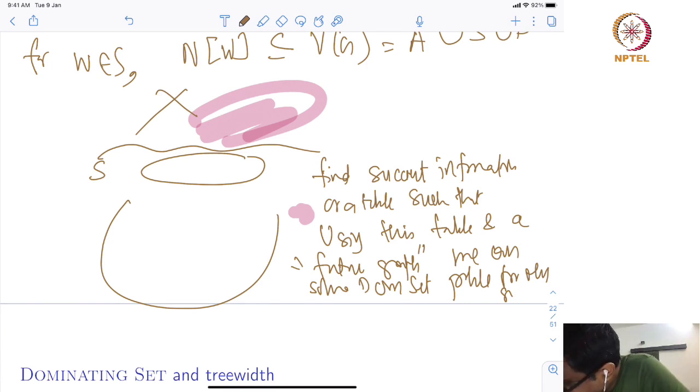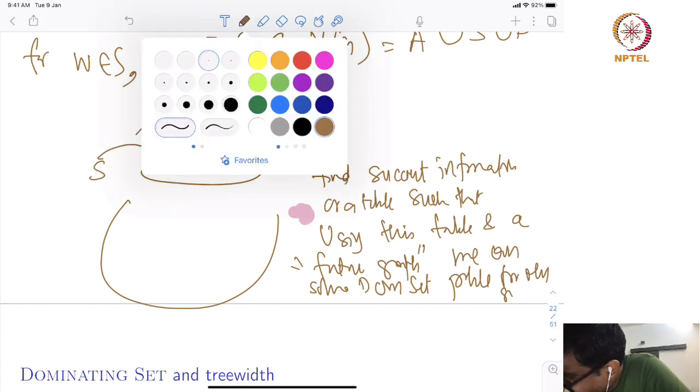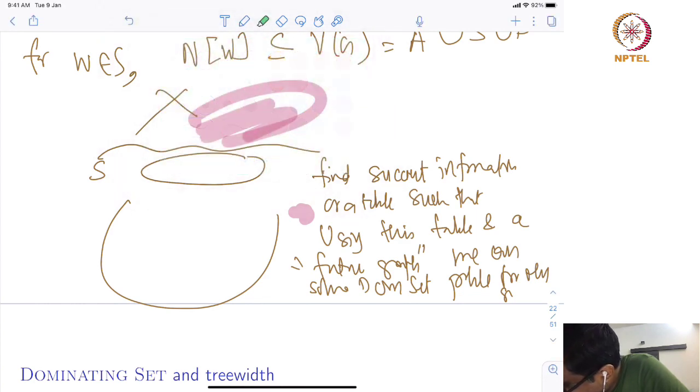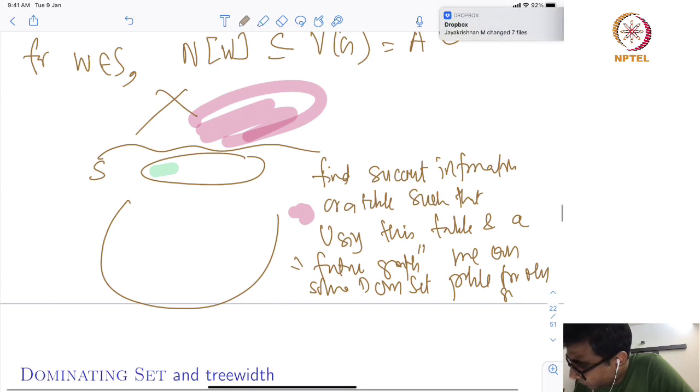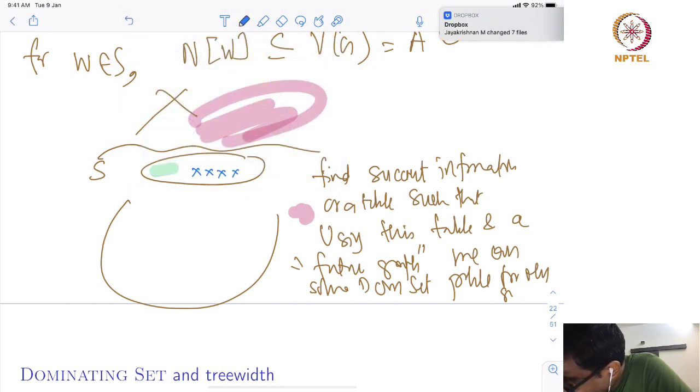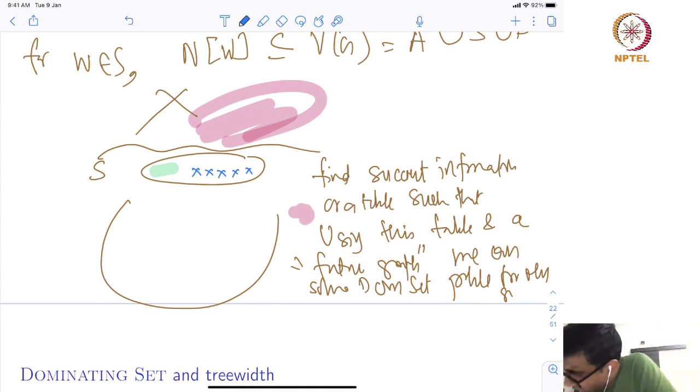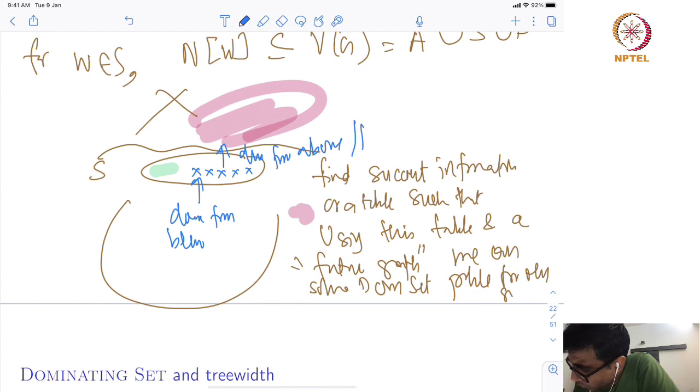It could take some portion here, and for the remaining vertices, we have to decide: dominate from below, dominate from the future, whatever.